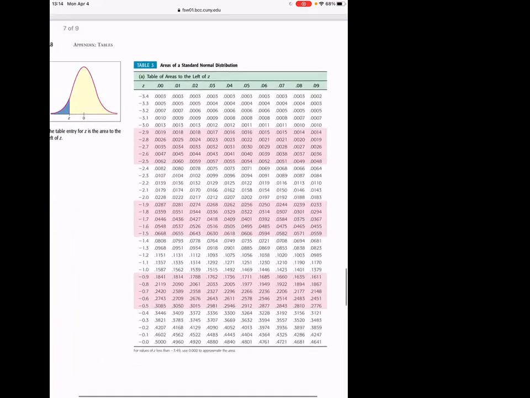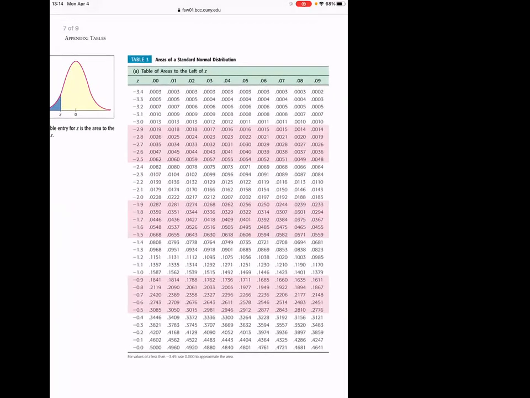Now, you see the first column. The first column is the nearest tenth of the Z. In our case, our Z was negative 1.08, so the nearest tenth is negative 1.0. So in the first column, you need to go to negative 1.0.